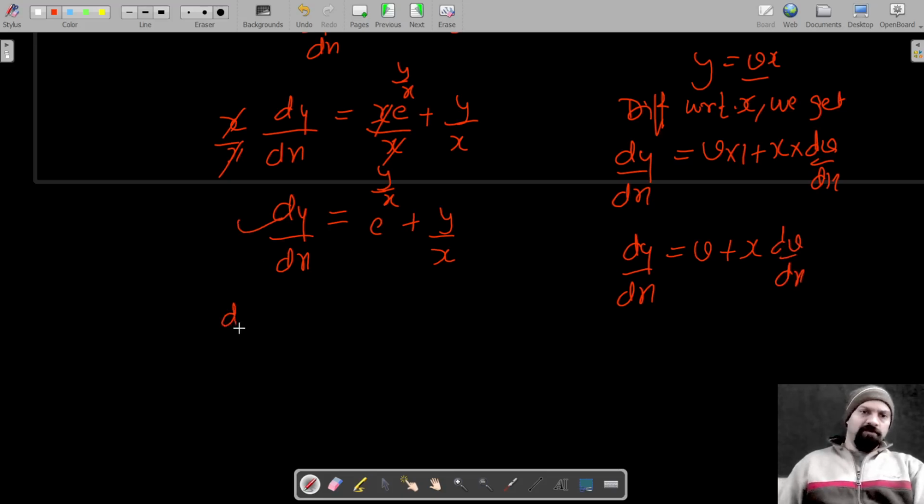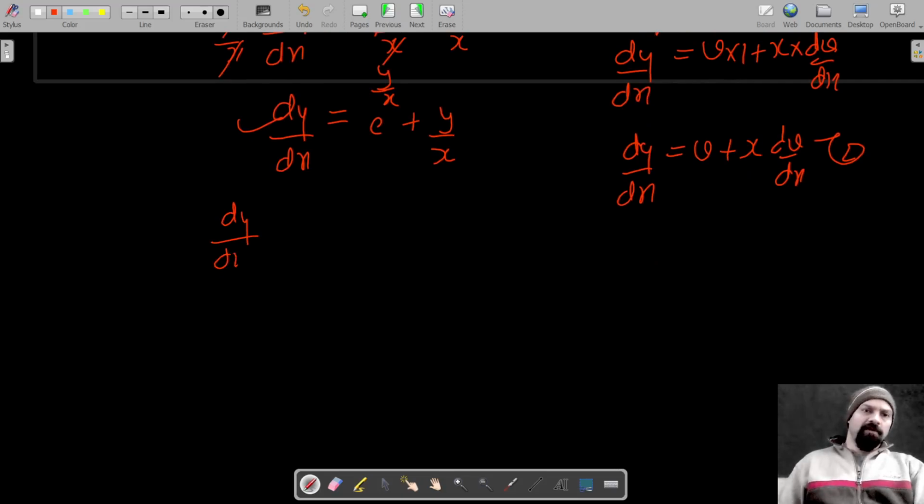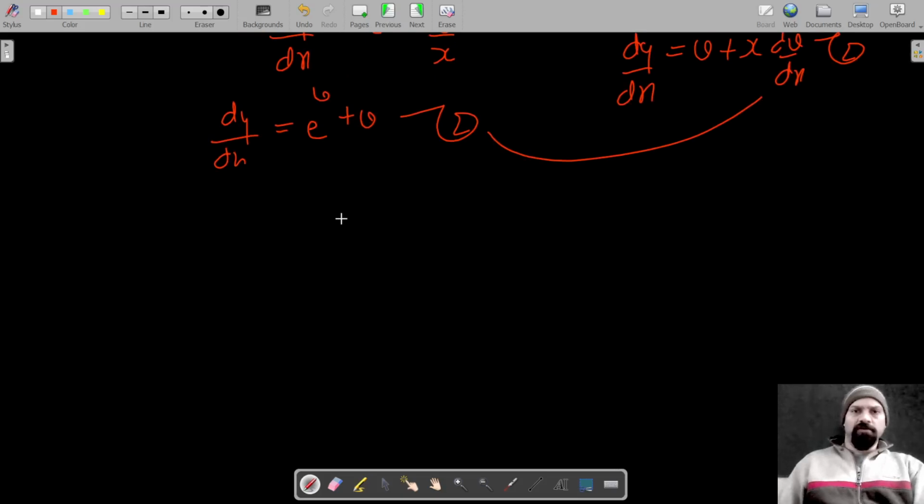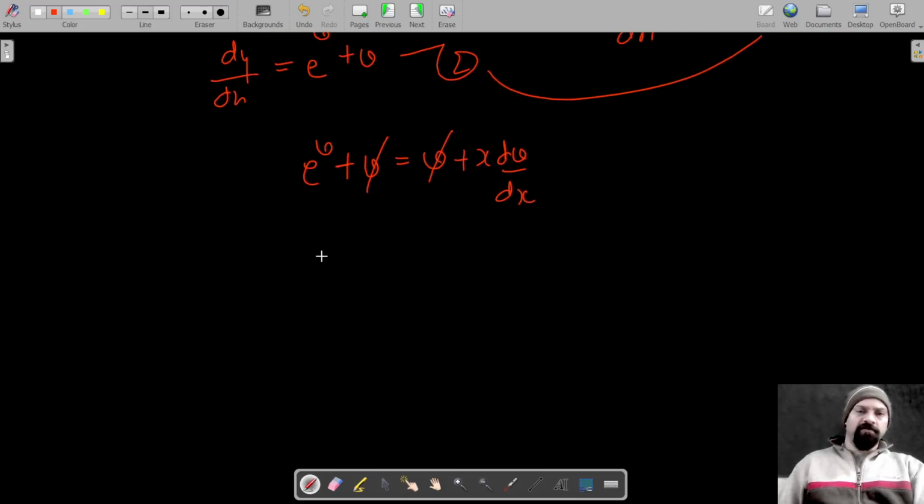Let's make the substitution here. So this is, let's say, equation 2. dy by dx is now e raised power v plus v. This is equation 2. So if we compare these two equations, now e raised power v plus v is equal to v plus x into dv by dx. So v and v get cancelled.